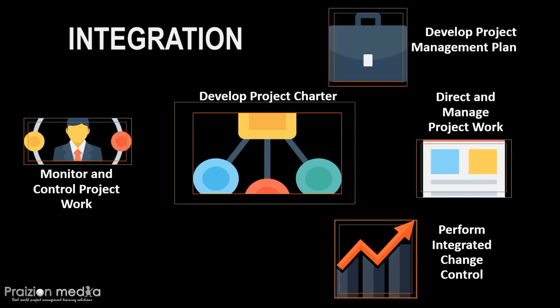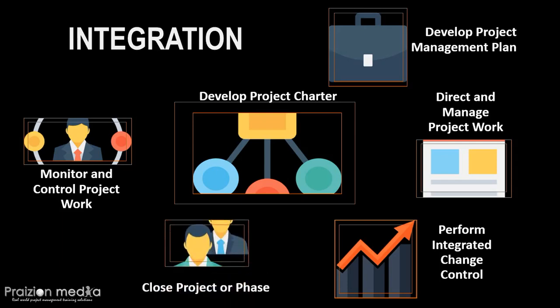Major outputs of Perform Integrated Change Control include the change log and also approved change requests. It is important to see the change log coming out of Perform Integrated Change Control and being an input to stakeholder management, to Manage Stakeholder Engagement, to be precise.